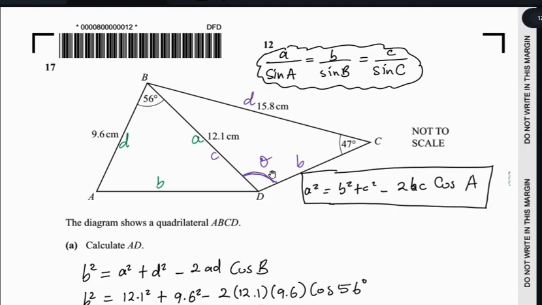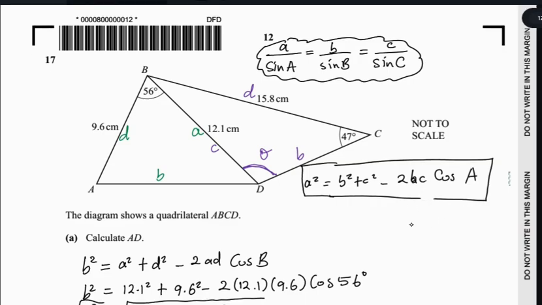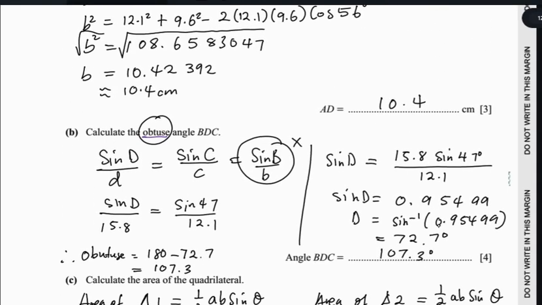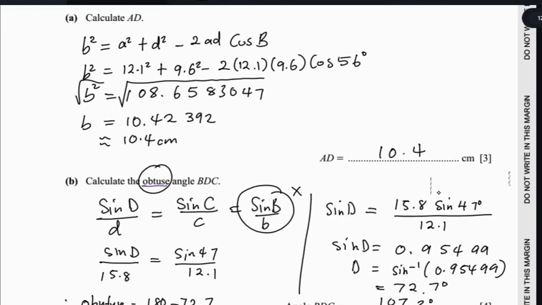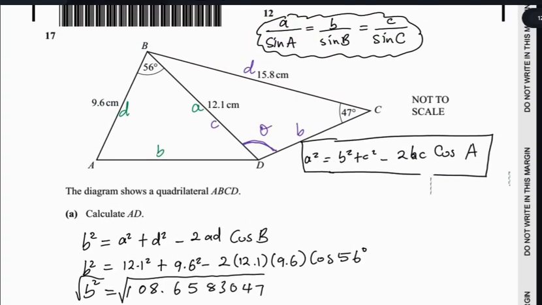We just found that this angle is 72.7. So we're going to use the theta that we have there. But if we use that one, then we won't have the sides. So what we need to do is find the other angle. We need to calculate this angle.